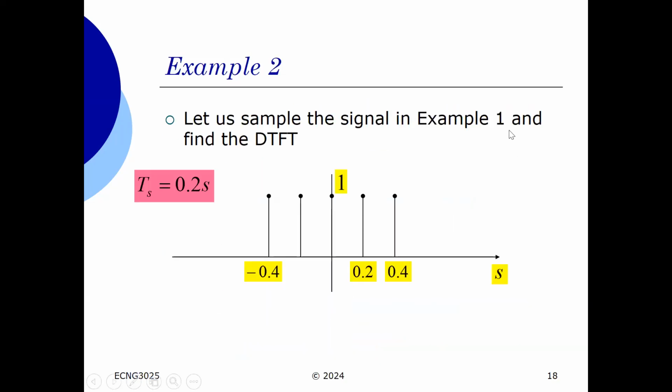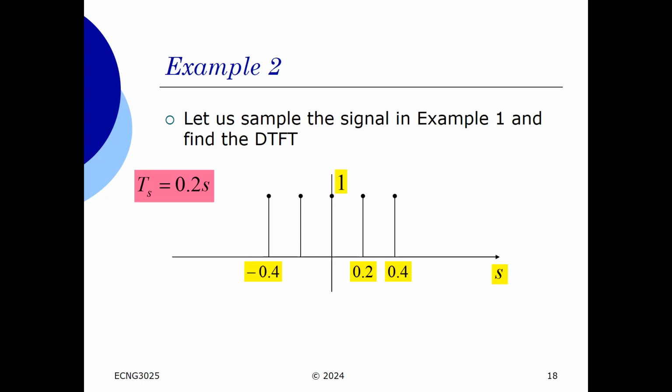Right. So let's do a little bit more now, and let's sample the signal and then apply the discrete time transform to it. So I take the same signal that I have running from minus 0.4 to 0.4 seconds, and I sample it every 0.2 seconds. So if I do this, I get 5 samples.